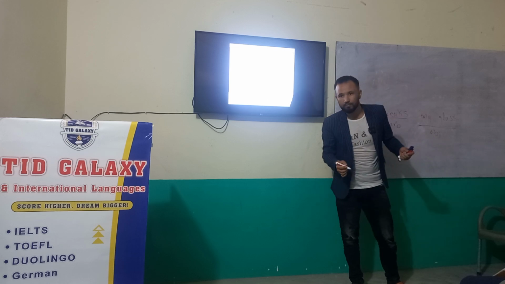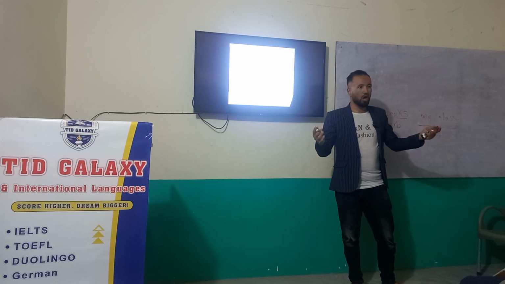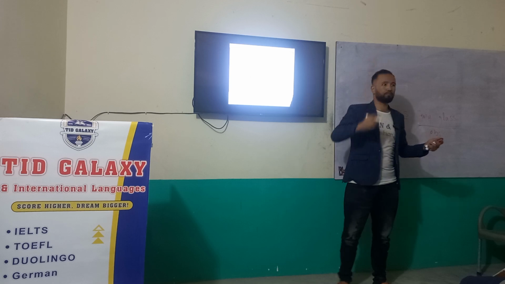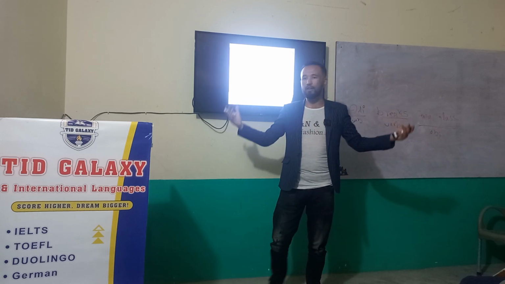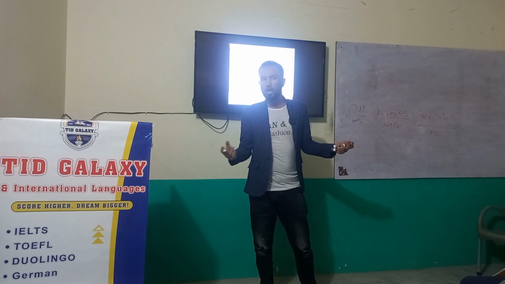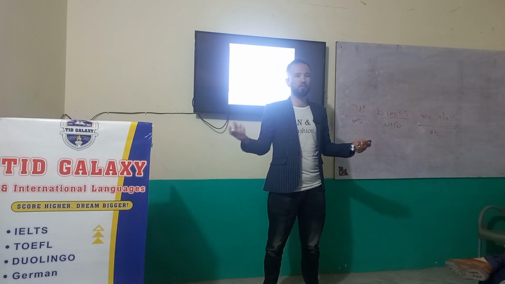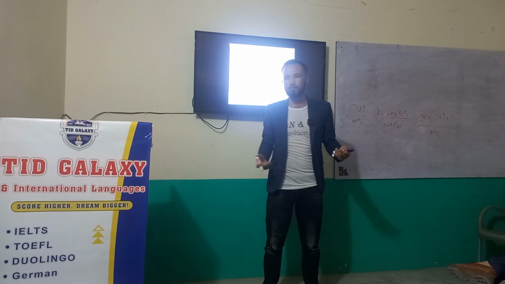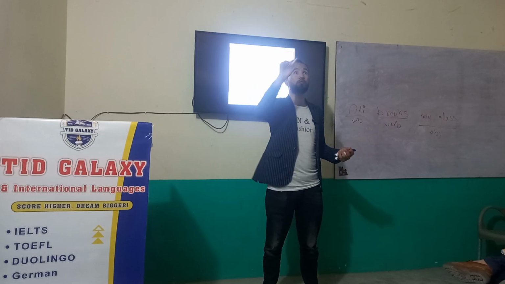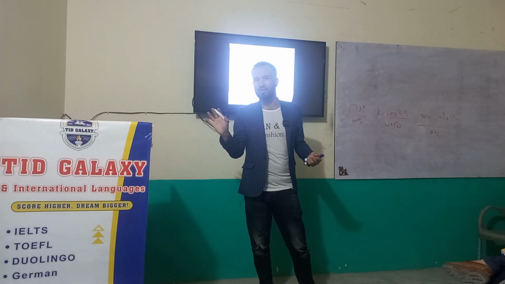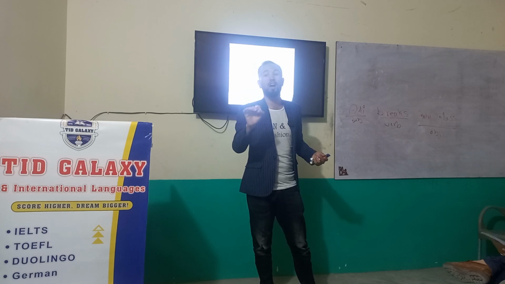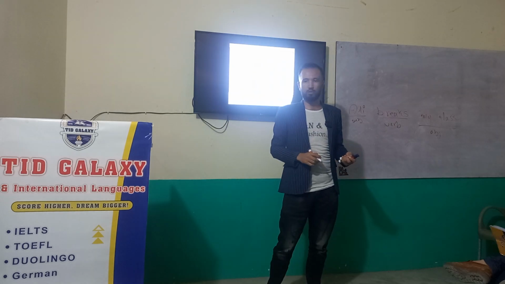Where is the object? There is no object. For example, I arrived. The bird is the subject and fly is the verb. There is no object. So this sentence is not changeable because fly is an intransitive verb.